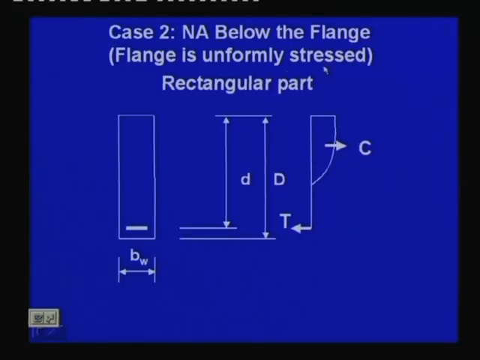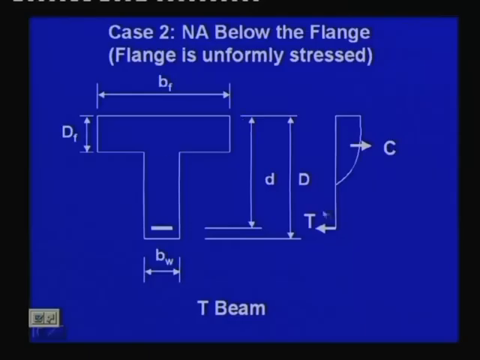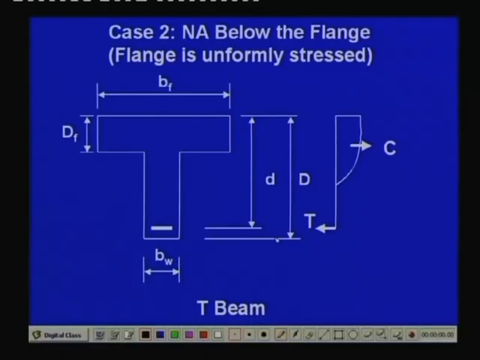When the flange is uniformly stressed, this one I have given you, let me go back and show. What are the two different cases? I have made it a little bit elaborate. We have two portions.